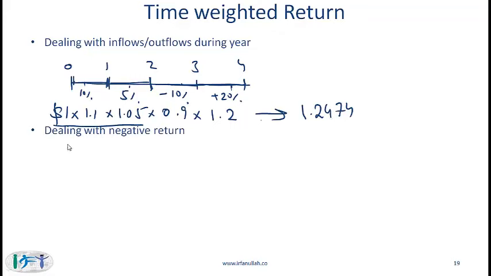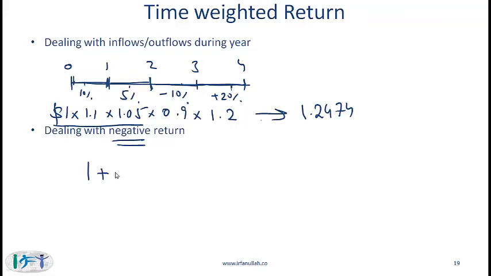or effectively the return over the year was 24.74%. The other tricky item is dealing with negative numbers, and we've already done that over here. Notice if the return is negative, then we simply multiply by 1 minus that number. So 1 minus 0.1 is 0.9. What you are not supposed to do is simply multiply the direct return numbers.